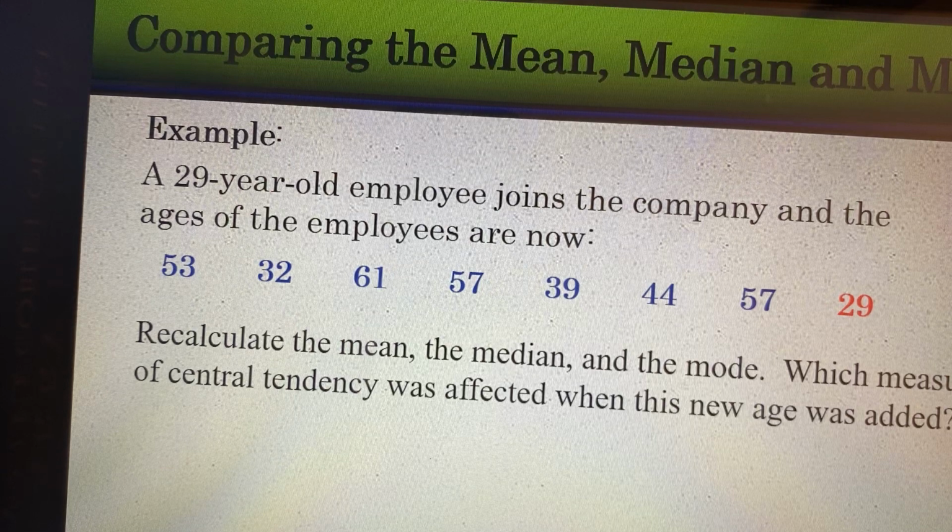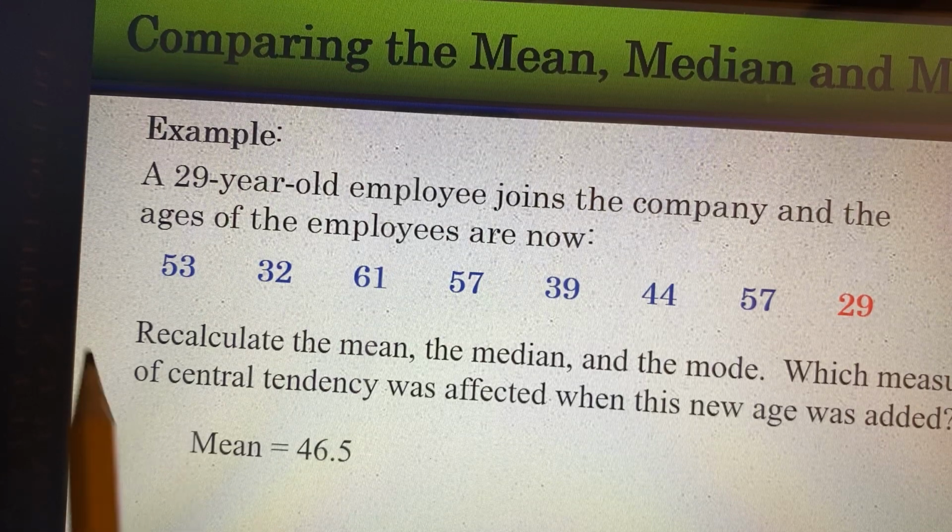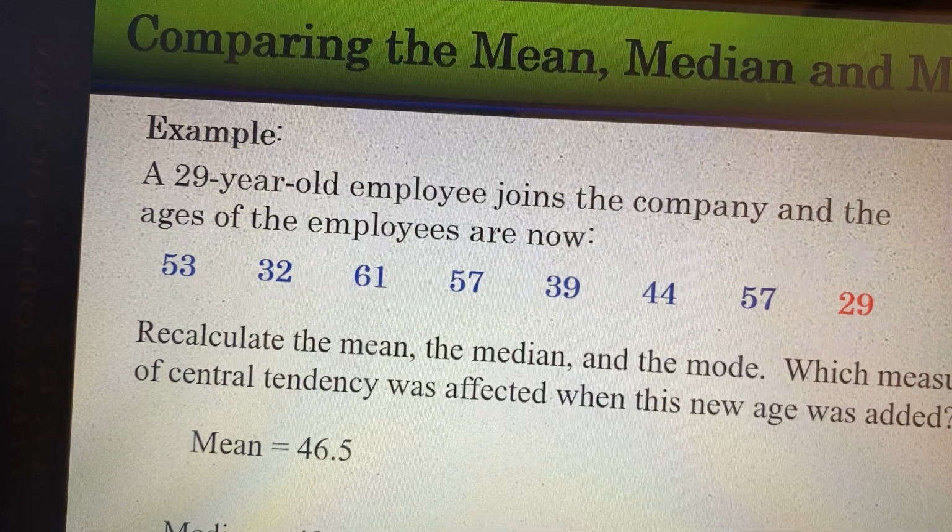Okay, so we're going to recalculate the mean. If I add up these 8 numbers and divide by 8, the mean is now 46.5. If we rearrange this least to greatest, our median is 48.5.